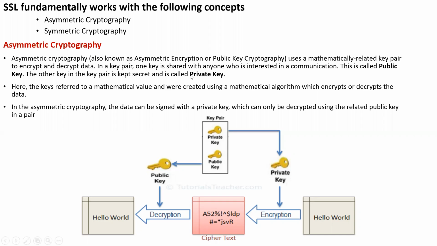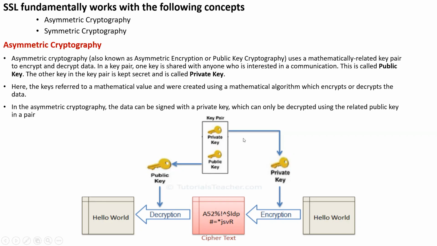If you look at this request, this is the web request. I'm sending some "hello world". This is encrypted using the private key, and coming to the right side, the private key is applied on the data and it is sent as ciphertext, which is not in a structured format.